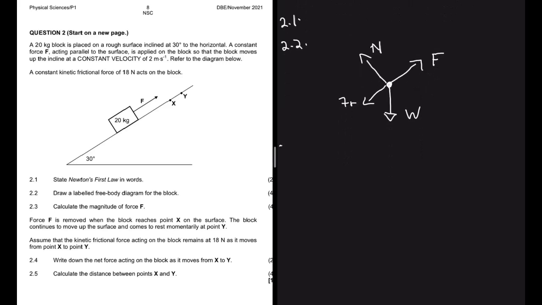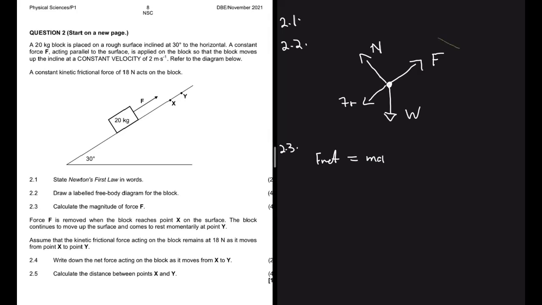We can move ahead and do 2.3. And then 2.3 says calculate the magnitude of force F. In question 2, more often than not, when we're answering any question, we'll start by saying F net equals MA almost all the time. And then what is F net?